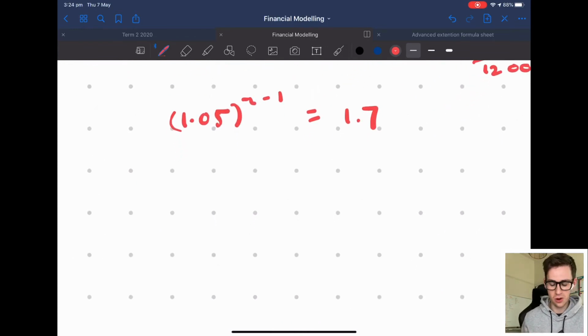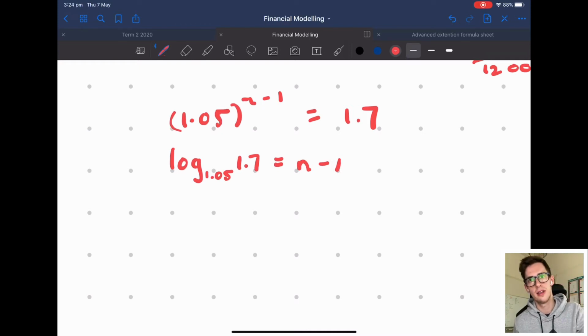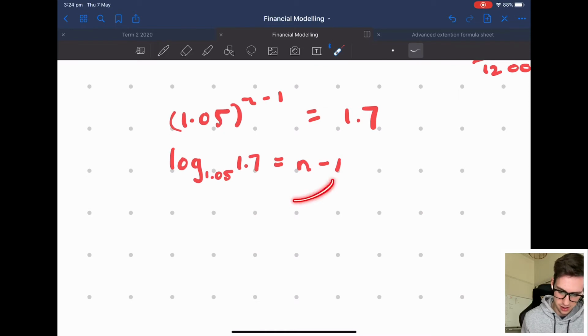So now I've got it as one base, one power, one answer. I can go into log form, where the log is going to have the same base, but the answer goes here and the power goes on the other side. Now all I need to do is get rid of this minus 1 by plussing 1 on the other side.